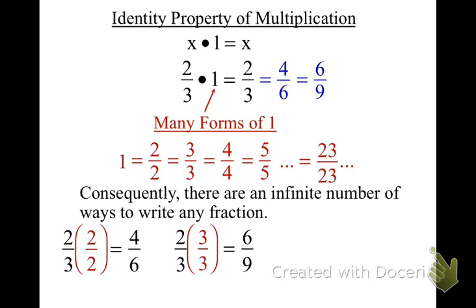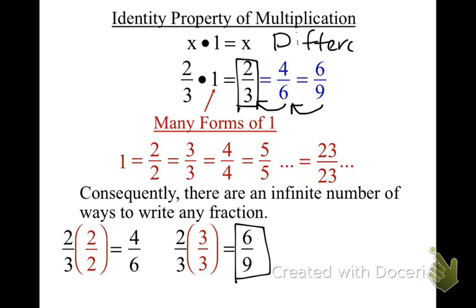If you notice, ladies and gentlemen, we haven't technically changed the value. 6 over 9 is still the same exact value as 4 over 6, which is the same exact value as 2/3. We're dealing with the same exact fraction, but it's just in a different form.